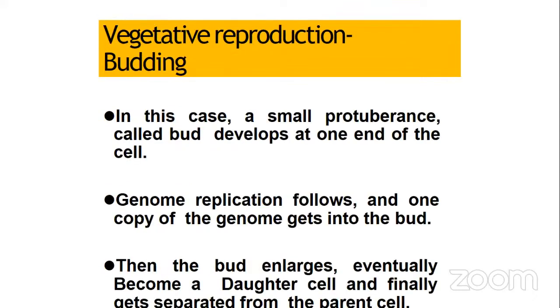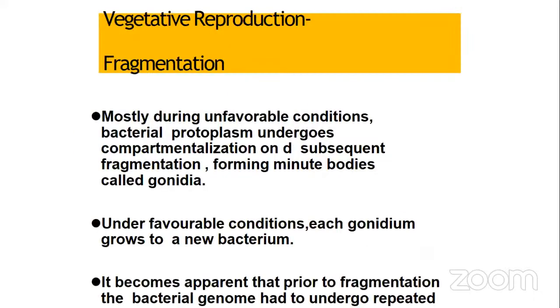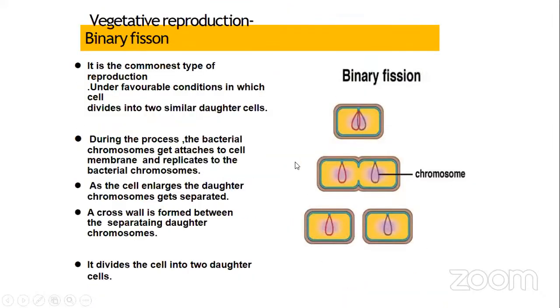The first is vegetative reproduction. In vegetative reproduction, the most common method is binary fission. Of course, there are some different types of vegetative reproduction also, but the most important and common method is binary fission.